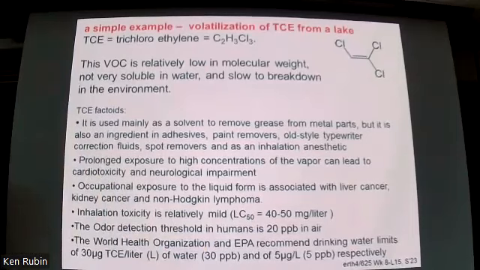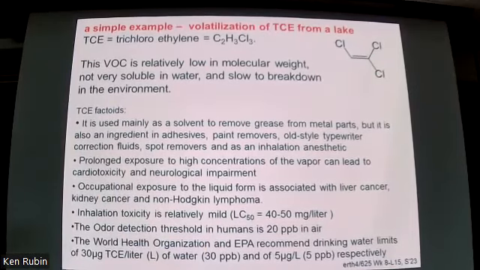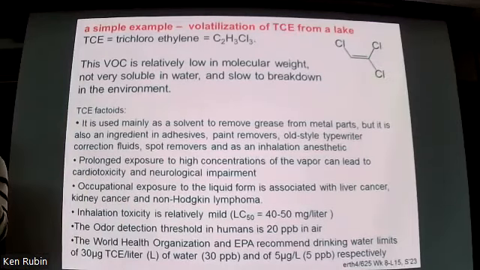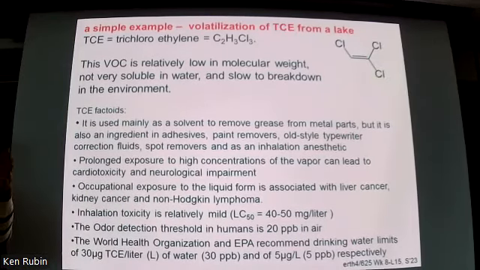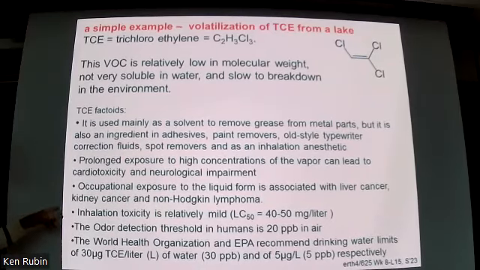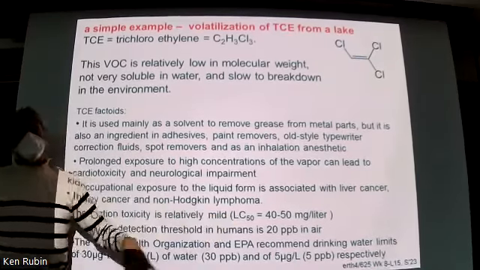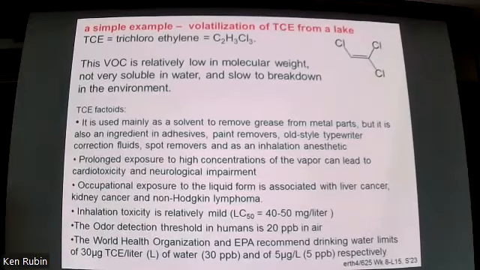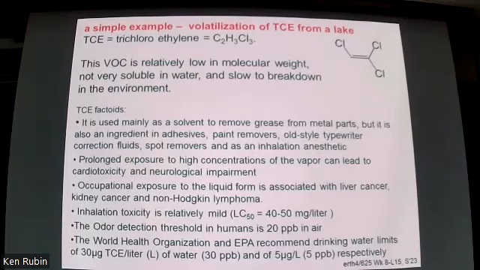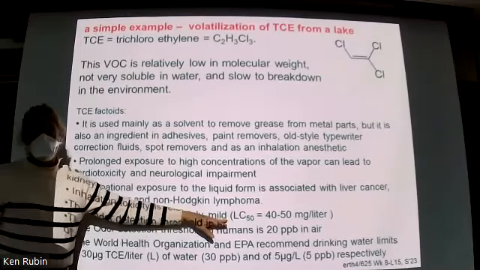LC is basically the lethal concentration of a chemical. An LC50 is the concentration at which 50% of the members of a population die when exposed to that concentration. Normally, instead of LC, we think about LDs, which are lethal doses. I'll go through the differences in those in a couple weeks. There are things that are way more toxic than this, okay?